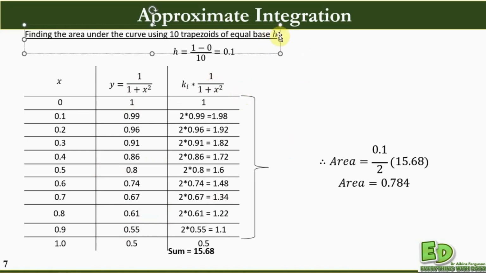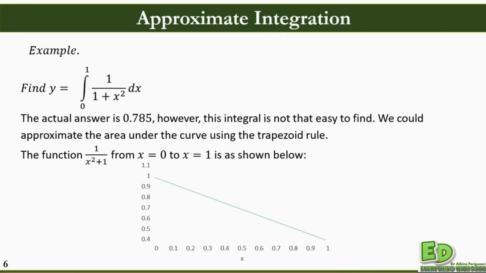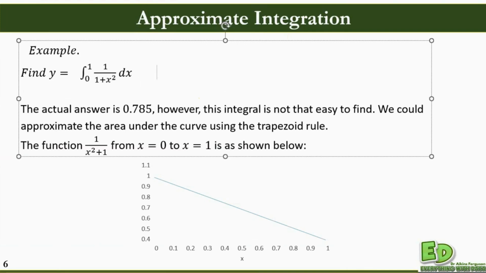The coefficients of the trapezium rule are 1, 2, 2, 2, 2, 1. So these are the coefficients of the trapezium rule.